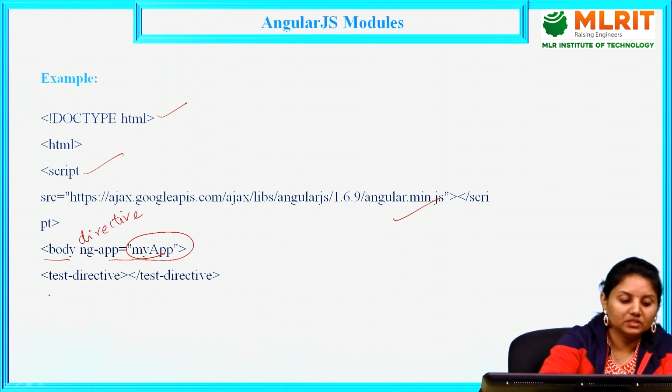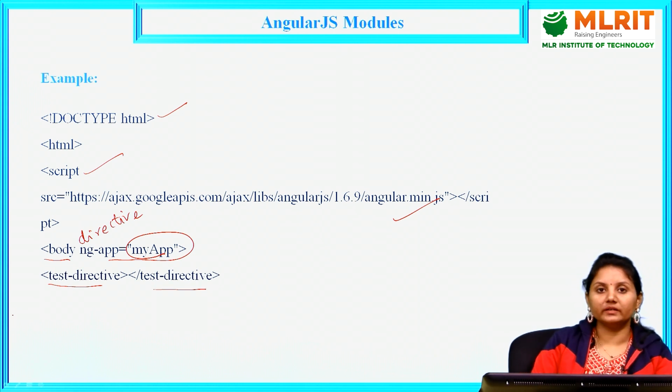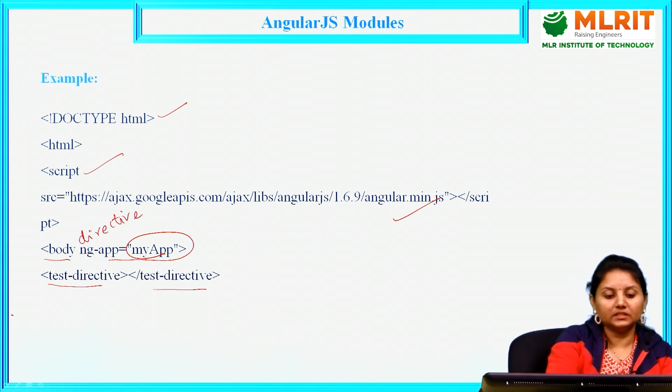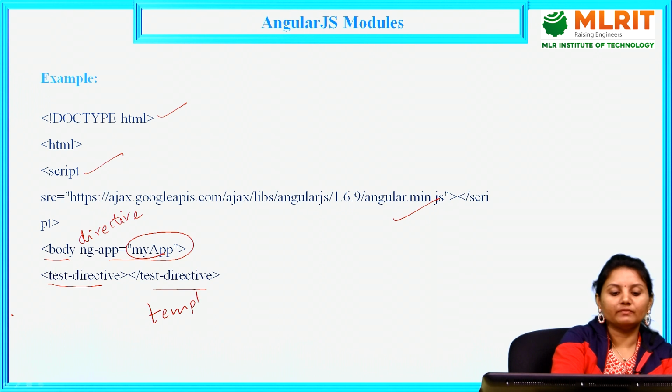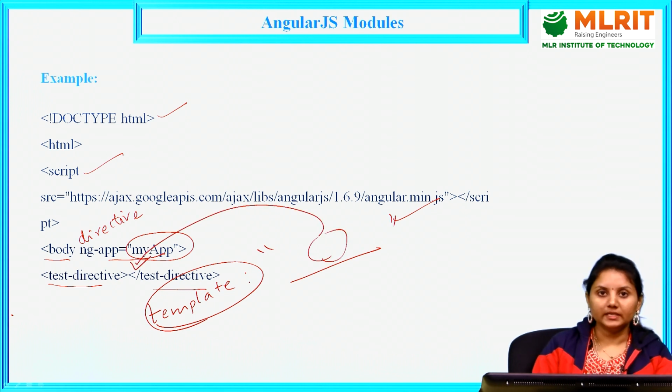Here we are giving test directive. What will this test directive consider? It will consider the template, so we have to define this template. Whatever you define in between the template is going to be considered by this test directive.